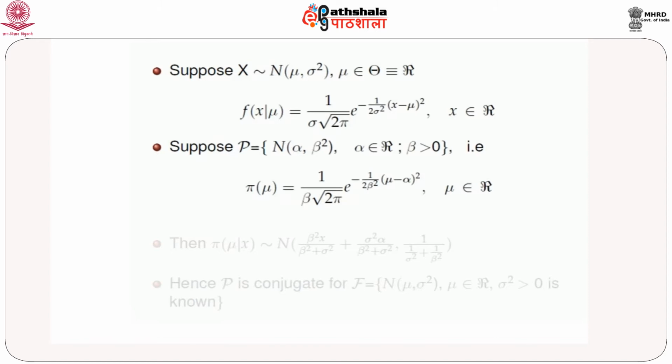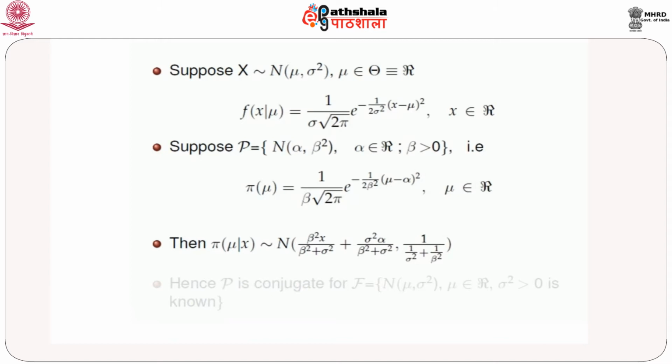So, the density of the prior distribution is as given below. Then it can be shown that the posterior distribution of mu given the observation x also follows a normal distribution, and the mean of the normal distribution is (beta square x plus sigma square alpha) by (beta square plus sigma square), and the variance is 1 over (1 by sigma square plus 1 over beta square).